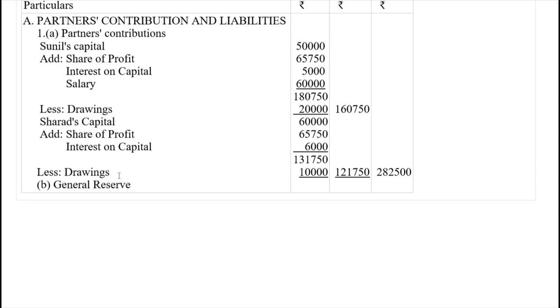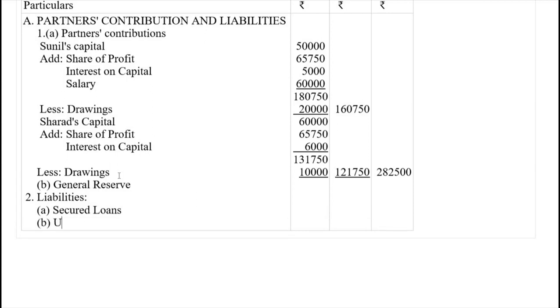Of course, general reserve is not given in this problem here. So number 2, liabilities. So here we have got A, secured loans. Of course, there are no secured loans given in the problem. Then similarly, unsecured loans, nothing is there. Then C, short-term borrowings.